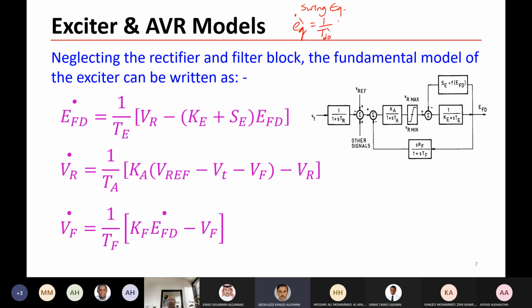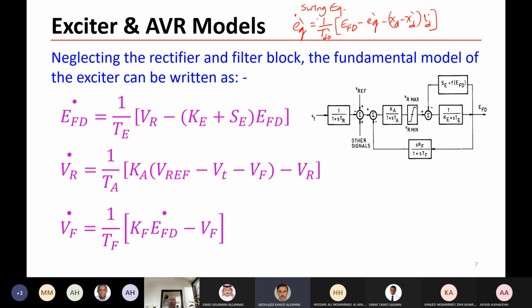Multiplied by EFD minus EQ prime minus parentheses xd minus xd prime multiplied by id. Yes.